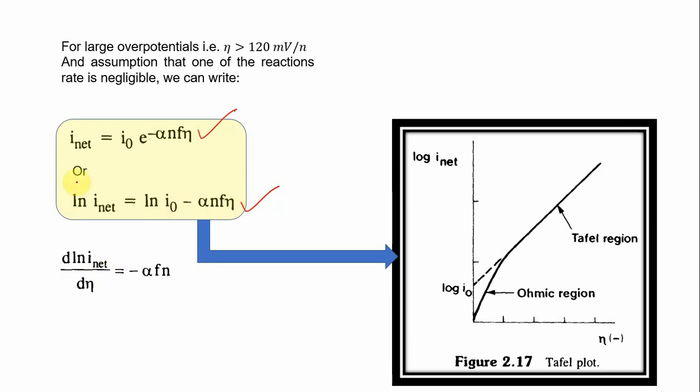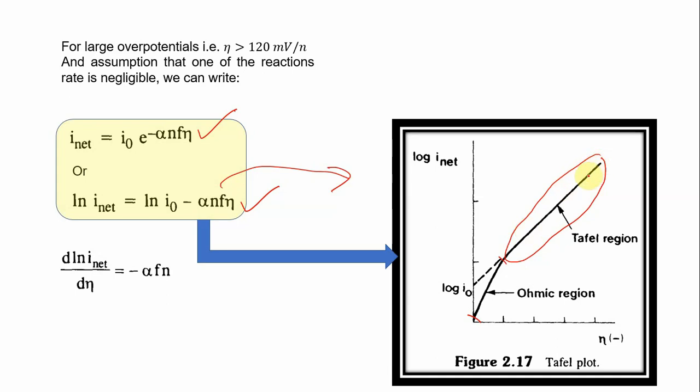Anyway, if we plot this here, we get a linear part and then we get a curved part. This linear part is called the Tafel region. From here to here it is the Tafel region, and this one over here, the curved part, is the ohmic region.